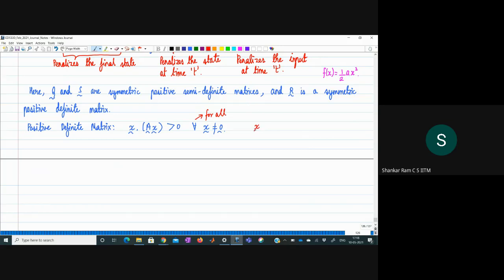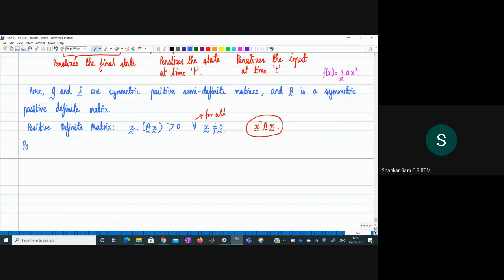Typically in many references you will see the same expression written as x transpose A x. As we discussed, the dot product of two vectors is also written as a transpose b. In many references we will use the dot product like this. So this is a positive definite matrix.